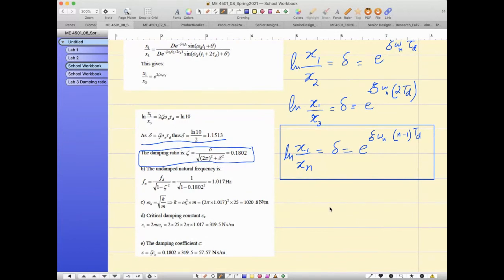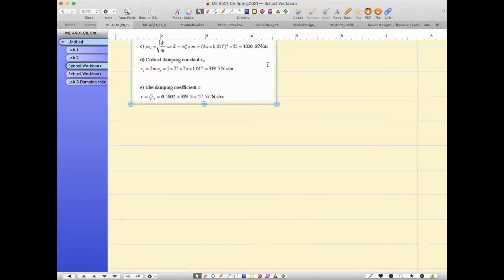Okay, guys. The undamped natural frequency is okay. I have a question. This is the symbol.